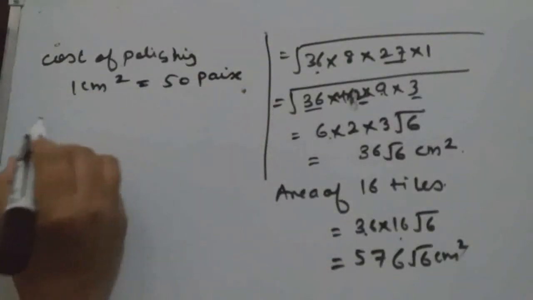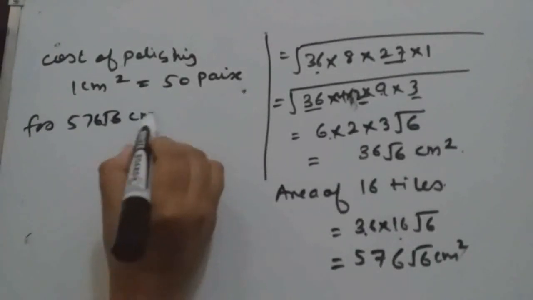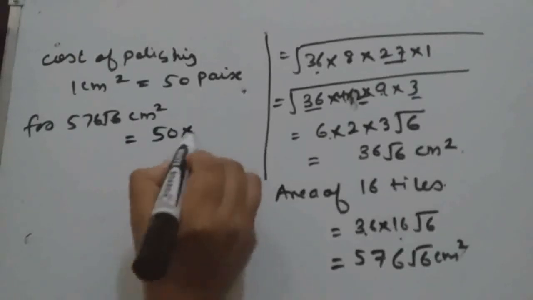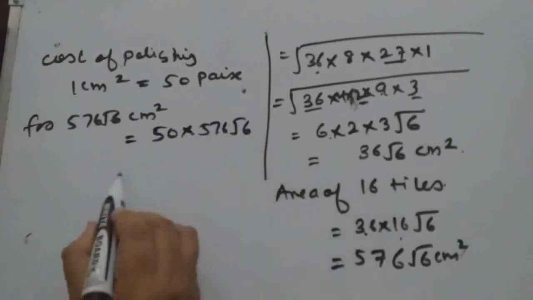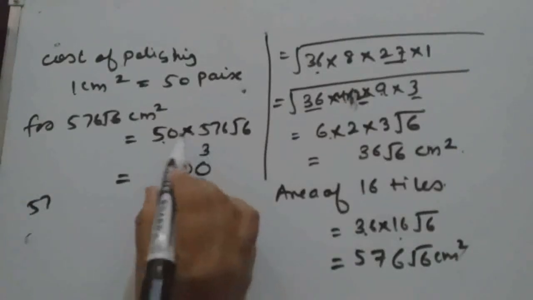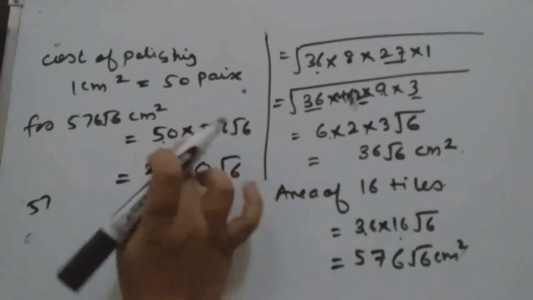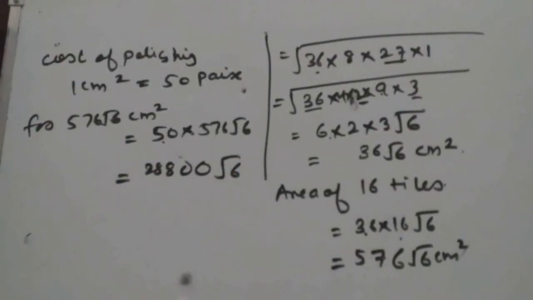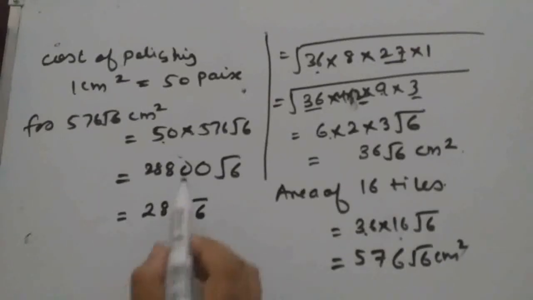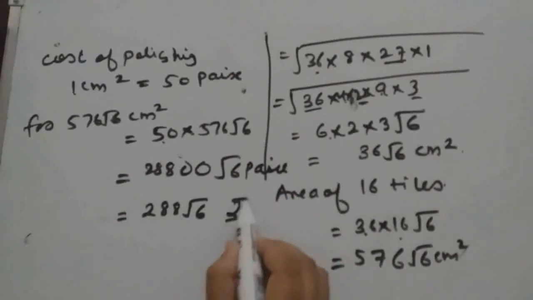So for 576 root 6 centimeter square, it will be 50 into 576 root 6, isn't it? So this much paise. But we should know in rupees. So what we will do, divide by 100. So 288 root 6 will come, because dividing by 100 means this is paise and now this is in rupees.